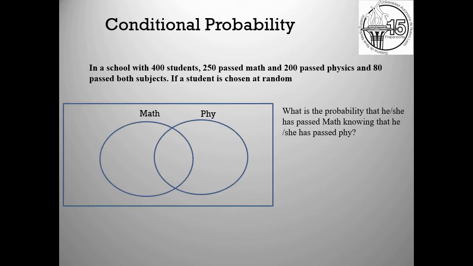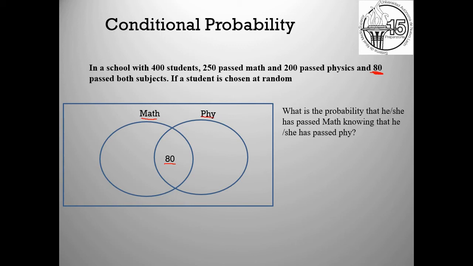In this case, we are going to start by the intersection. We place 80 students pass both subjects. Now we can complete it, the student that had passed math or physics.